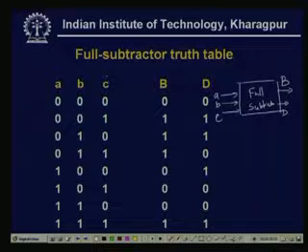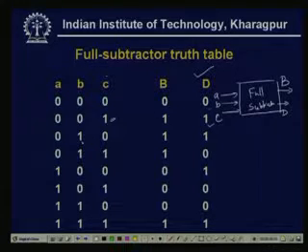Now, for all possible combinations we have written the B and D values. First we consider the difference. If AB is 0 0, we already know that 0 minus 0 is 0, but here one borrow is there, so the difference should be a 1.